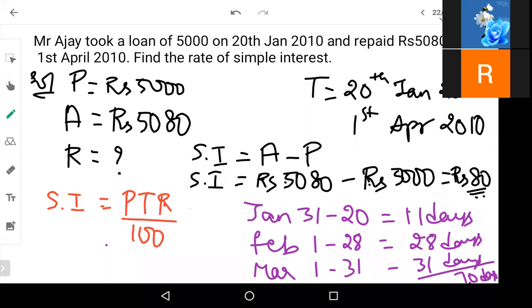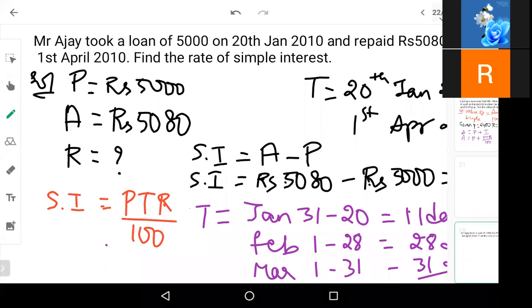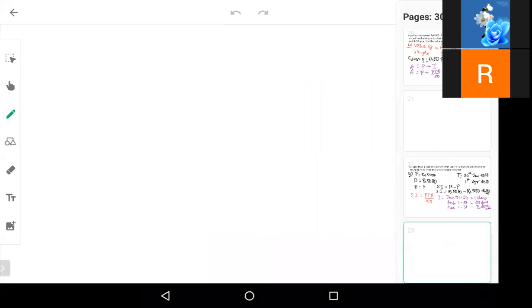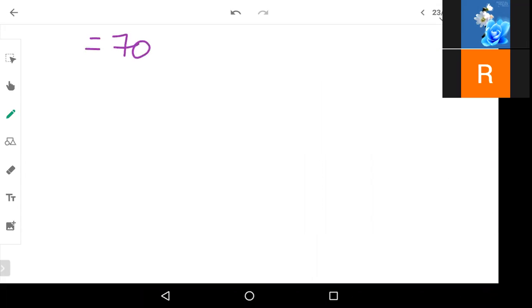Now for 70 days, 70 divided by 365, how much do you get? Divide and say me the value. So once you get 70 days, 70 divided by 365 days, you'll get 0.1917.